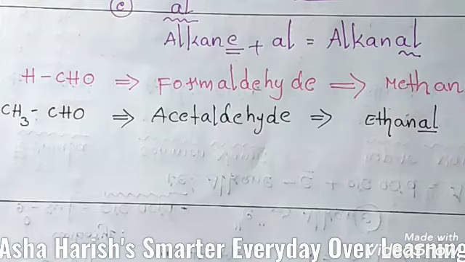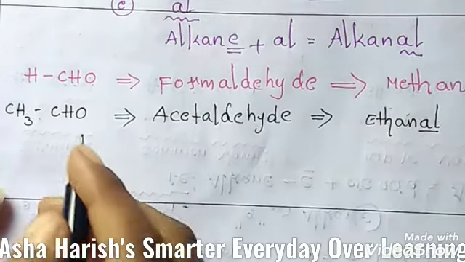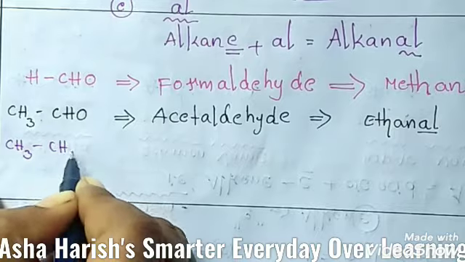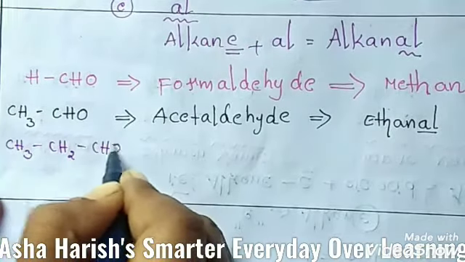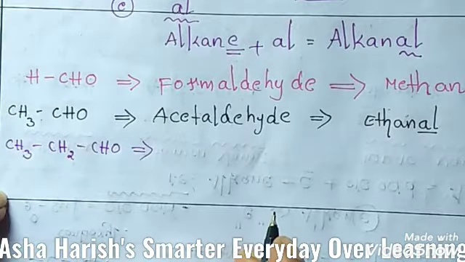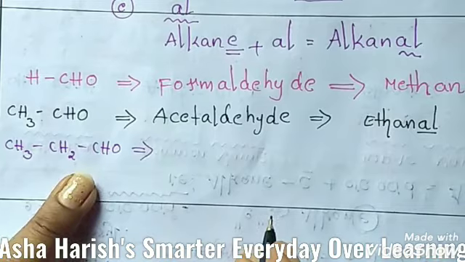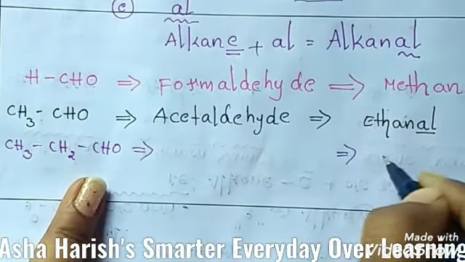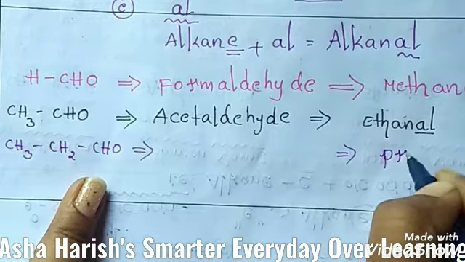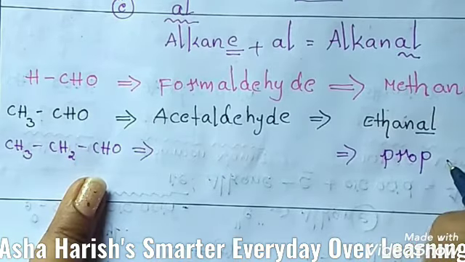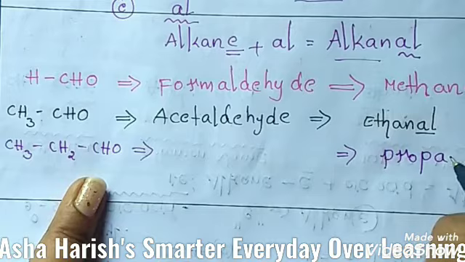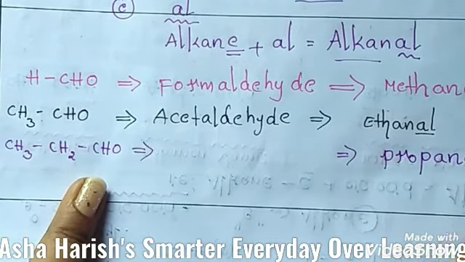And the next example, what I'm going to write here, CH3, CH2, CHO. Here 3 carbons are located, then students, the IUPAC name we have to write first. 3 carbons means the root word is prop, and based on this alkanal, the word should be propanal.